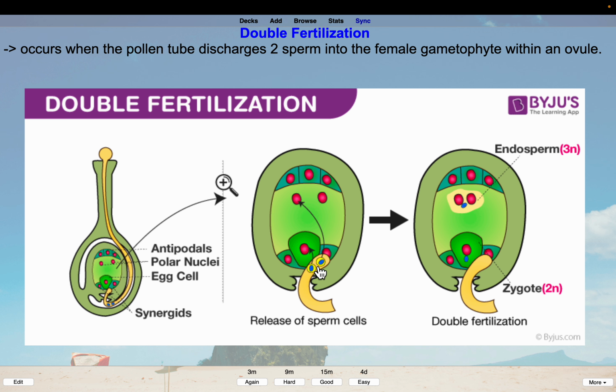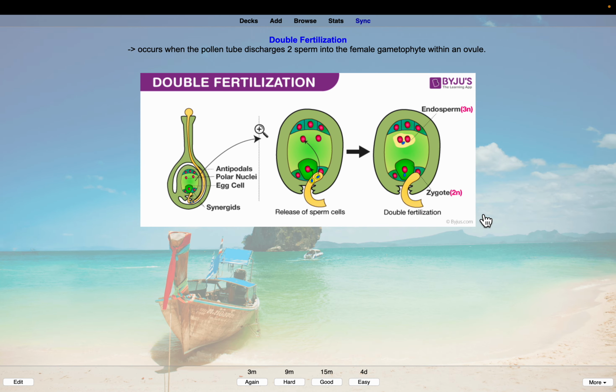So it is discharged. One goes to the egg cell, the other goes to a polar nucleus. As a result, double fertilization occurs such that the zygote becomes diploid and the endosperm is triploid. I think that's the interpretation.